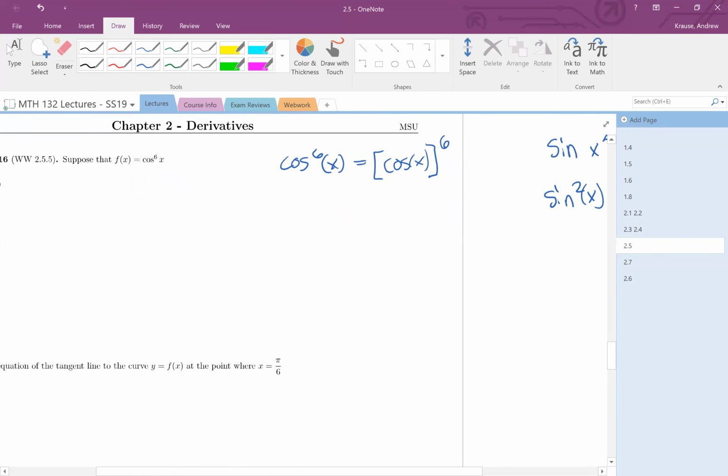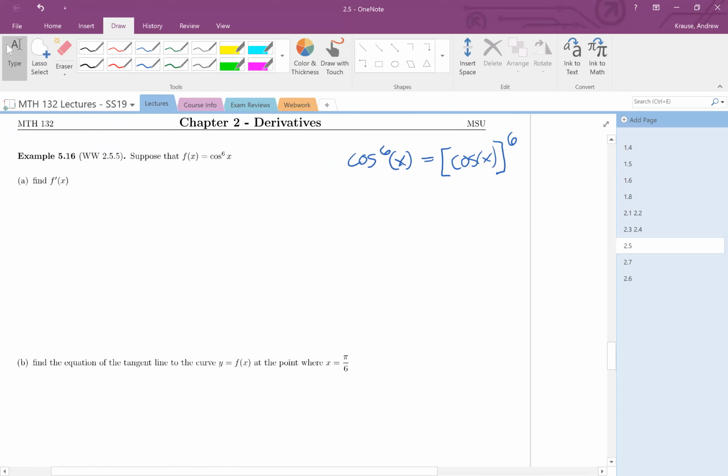So it's important that we remember that cosine to the 6th of x means cosine of x inside raised to the 6th on the outside. So when we do the derivative, our outside function is that 6th power. So we're going to have 6, whatever's on the inside raised to the 5th power. What was on the inside was that cosine of x function.